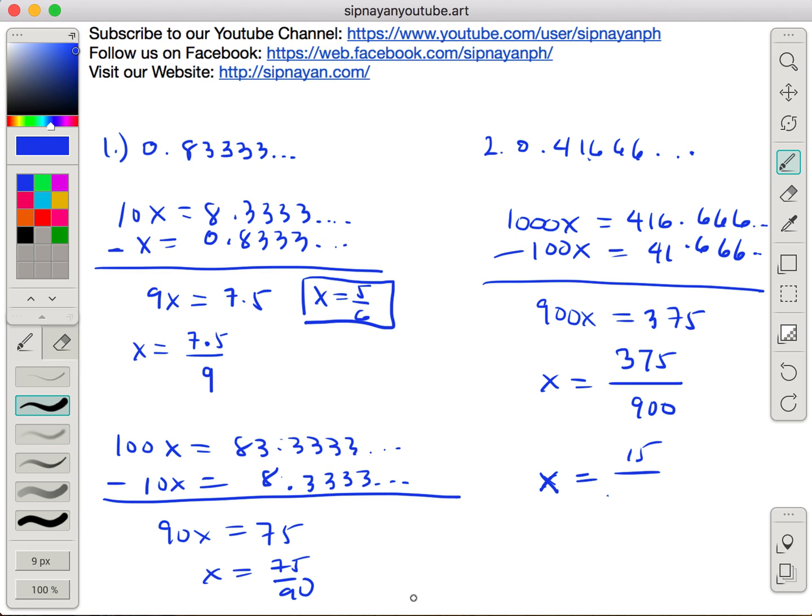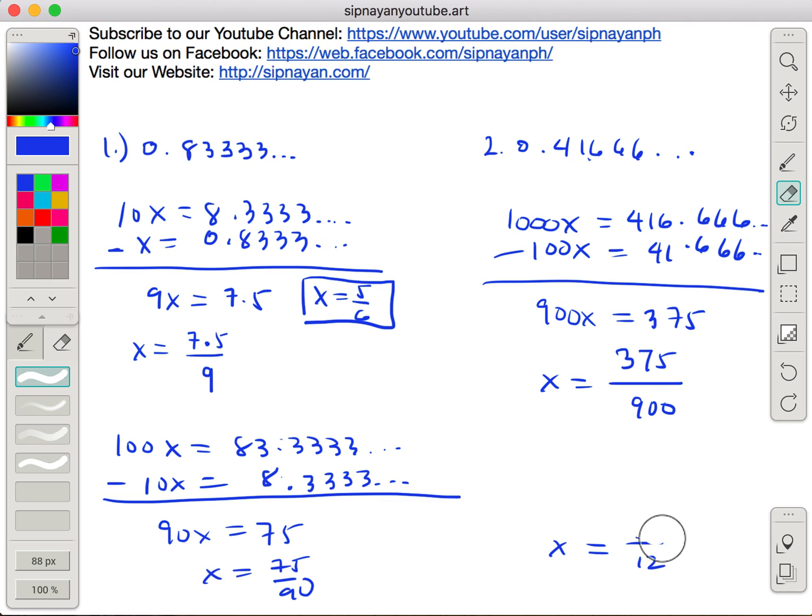And 900 divided by 25, I think this is 36. And still, we can divide by 3. If we divide by 3, we have 5. And then we divide by 3, 12. So, 5 over 12. Pwede na natin talagay dito, equals 5/12. So, ito na yung pinakasagot natin.